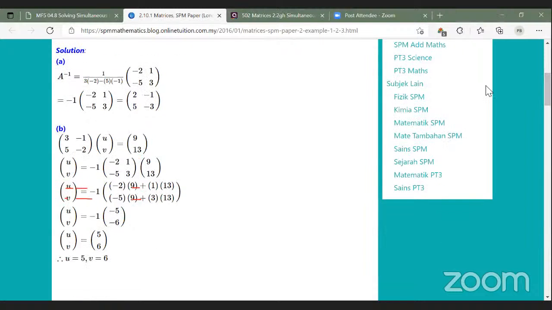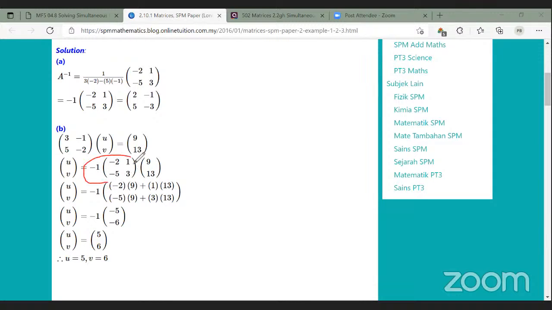So then from there, your variables will be here, and then you just times in the inverse. So, all right. So what happens here is basically this part is the 1 over AD minus BC.